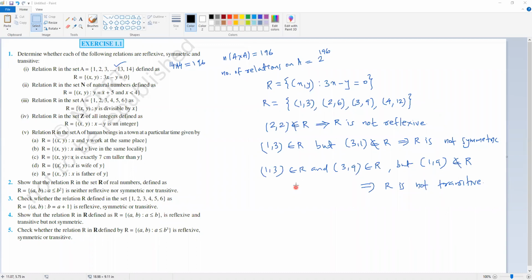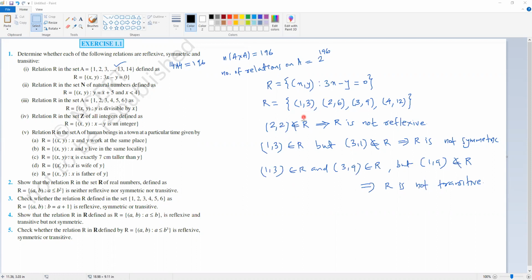So मान लीजिए ऐसे 2 pairs of numbers इधर हैं, actually 1 is related to 3, 3 is related to 9, ऐसे 2 pairs हैं तो then 1 should be related to 9, but ऐसे 2 pairs of elements आपको नहीं मिलेंगे तो then by default we say that relation is transitive.